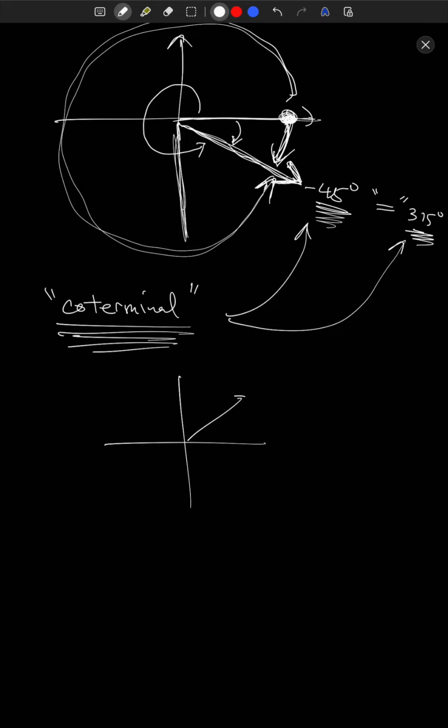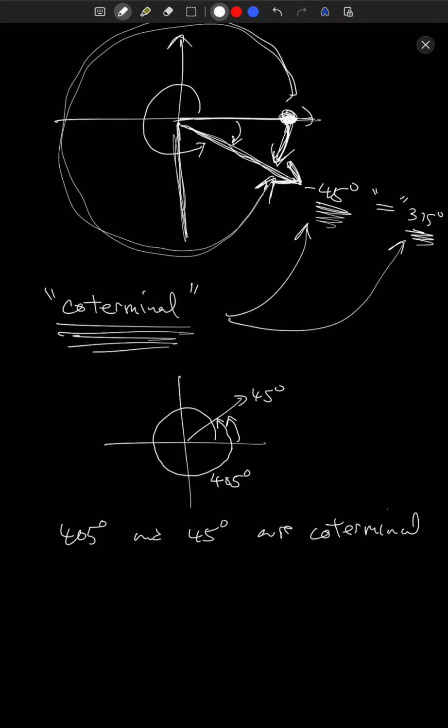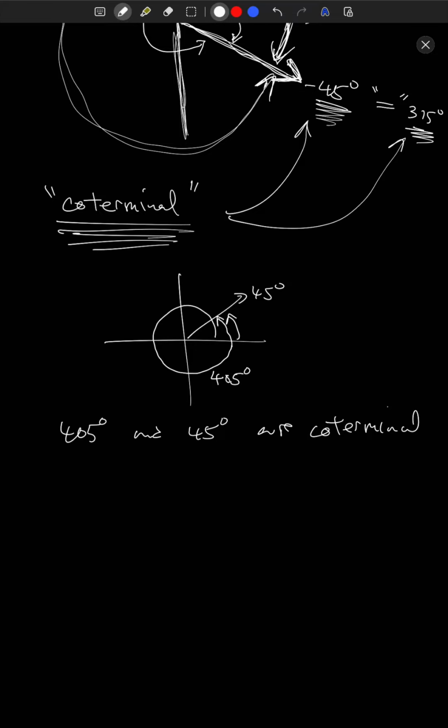If I have an angle here, 45 degrees, and I think of this as motion like this, well, that's very different from if I go all the way around and then go another 45 degrees, right? So this would be 360 plus 45 degrees, so 405 degrees. So 405 degrees and 45 degrees are coterminal. When you just draw their terminal rays, it's the same ray.